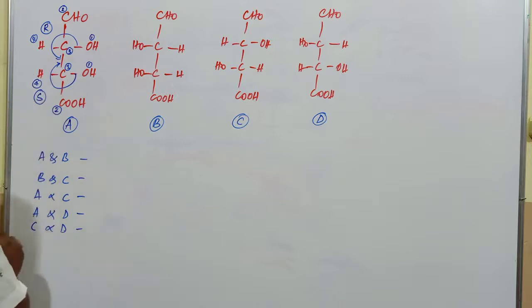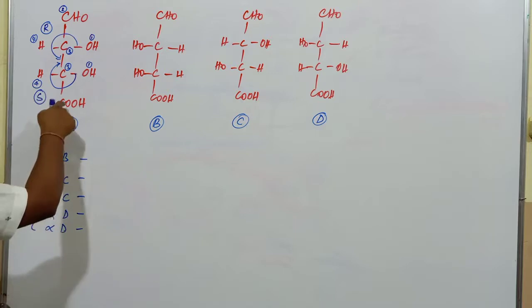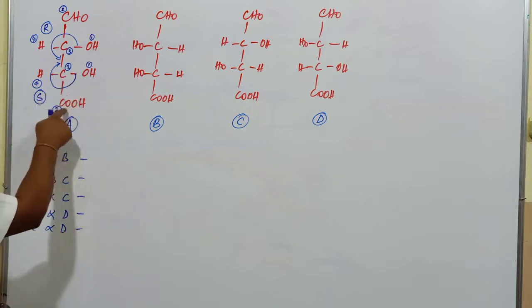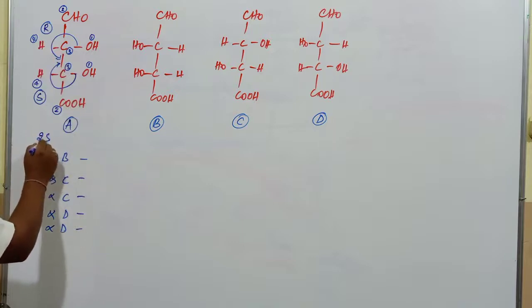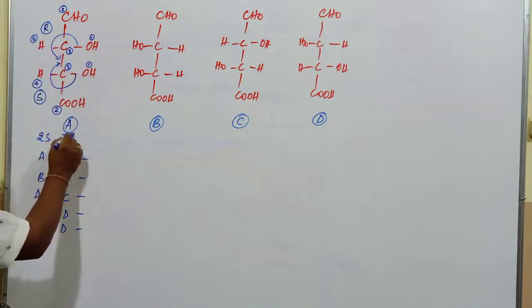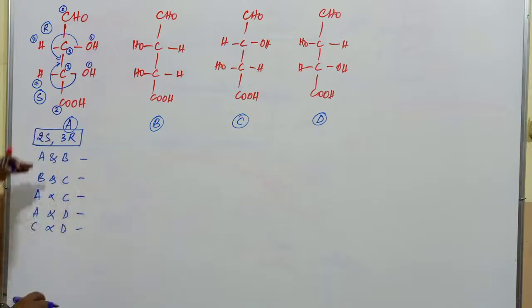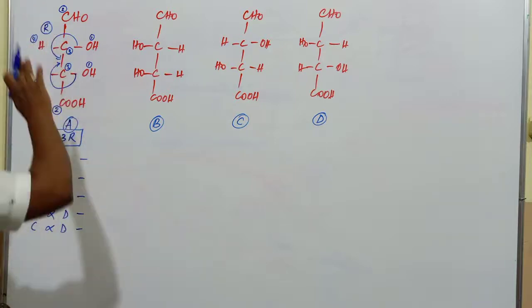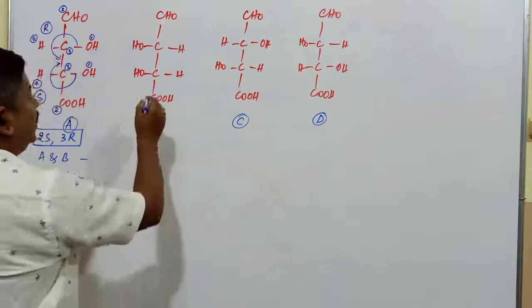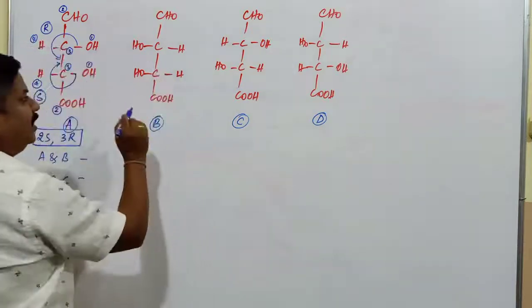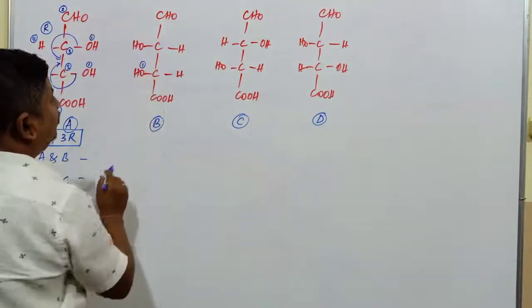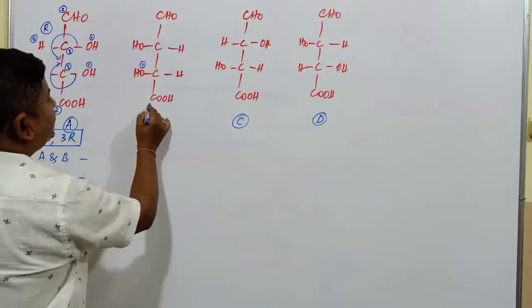Now with respect to the second carbon atom, which is the second carbon atom here? This is the second carbon atom because COH is going to be first according to nomenclature. So it is going to be referred to as 2S and 3R. Remember, 2S and 3R. We are going to be moving from bottom to top because of highest priority. Now with respect to the second carbon atom, this is the first priority group. Here a double bonded oxygen atom is there, it's the second priority group.